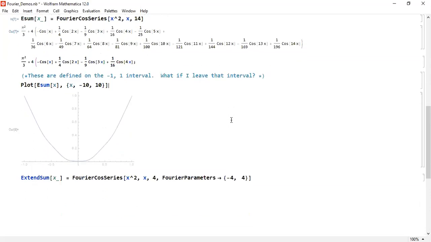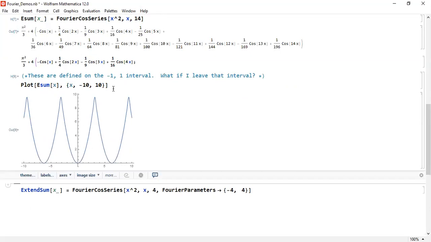Okay, so let me extend this beyond the interval that we originally defined. And then what you see is, aha, another limitation. You can take the Fourier series of functions that are non-periodic, but the sines and the cosines are always going to give you a periodic answer.